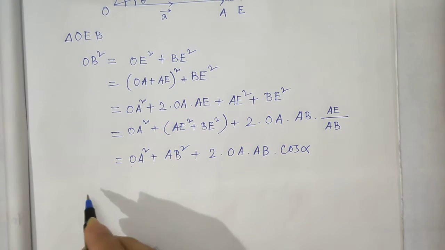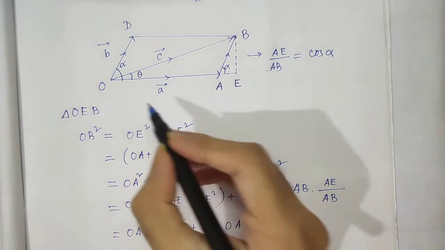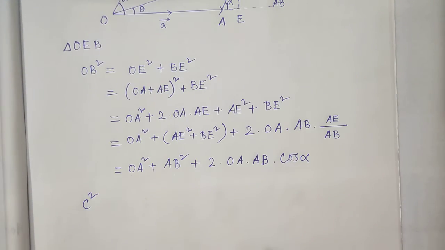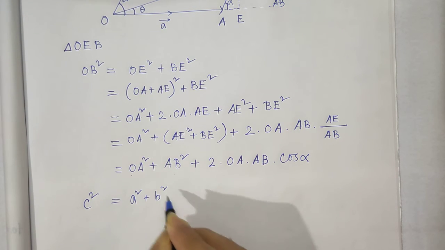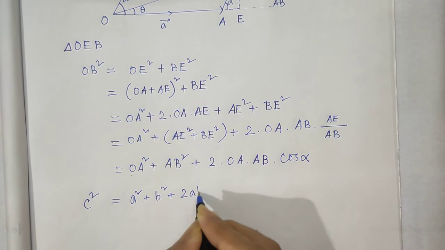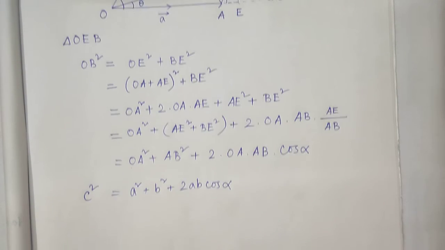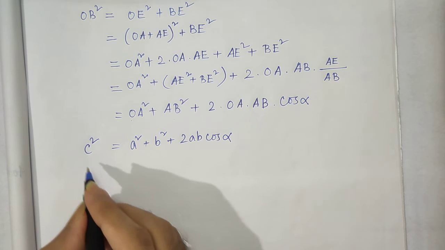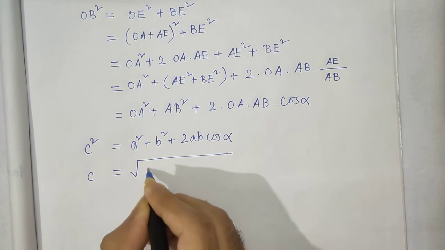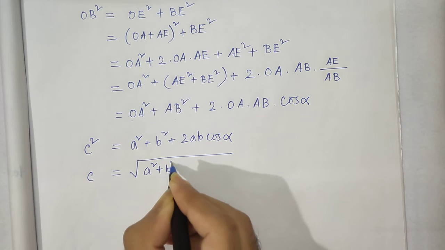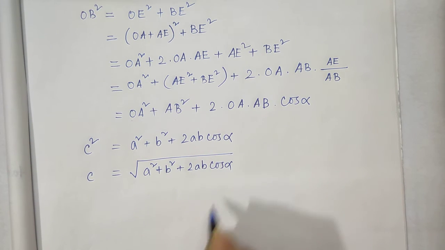So OB squared, that means c squared, according to our picture, OB equals c squared equals a squared plus b squared plus 2ab cos alpha. So now what will be the value of c? So c equals root over a squared plus b squared plus 2ab cos alpha.